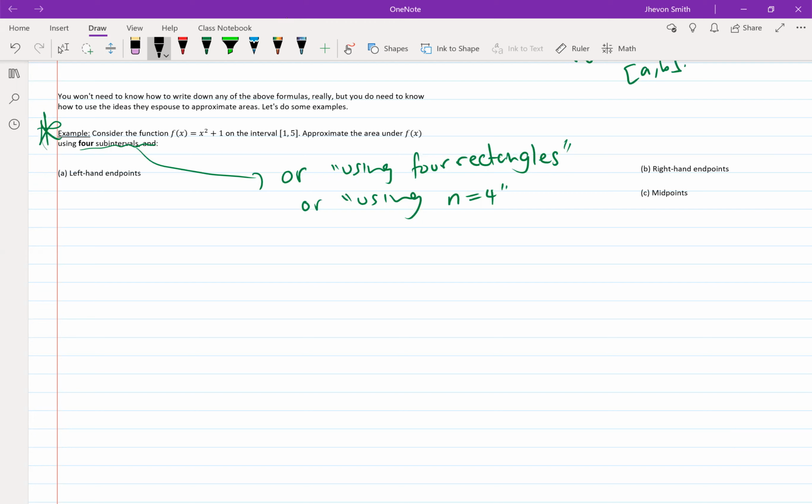So here's the idea. What I like to do is, 1, I like to draw the interval and subintervals.